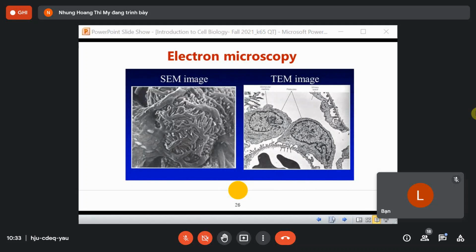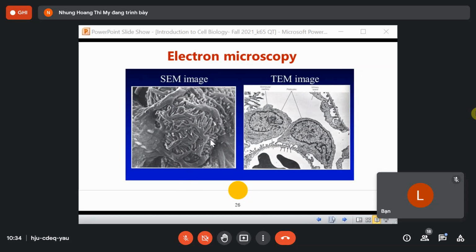For the TEM image, it helps you look inside the object, look through the object. That means the structure inside the thing you want to observe. For example, here you can compare the SEM image and the TEM image of the podocyte. This is one type of cell in the Bowman structure of the kidney.